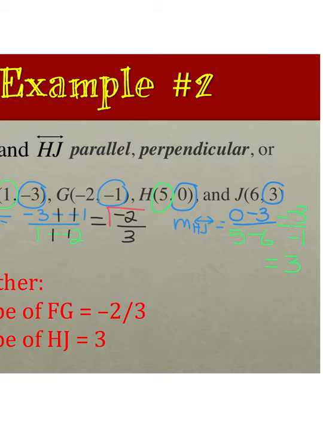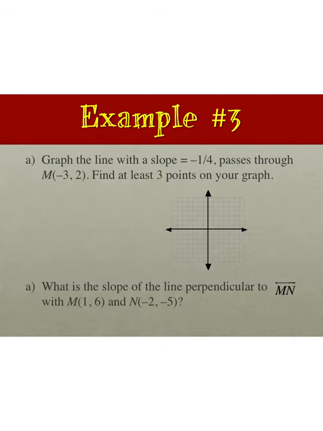So I compare negative 2/3 and positive 3. If they were the same, they'd be parallel. If they were opposite reciprocals, they would be perpendicular. These are neither, okay? Because negative 2/3 does not equal 3, and it's not the opposite reciprocal of 3, so they're neither. They're lines that are just going to intersect somehow, but not perpendicular and not parallel.